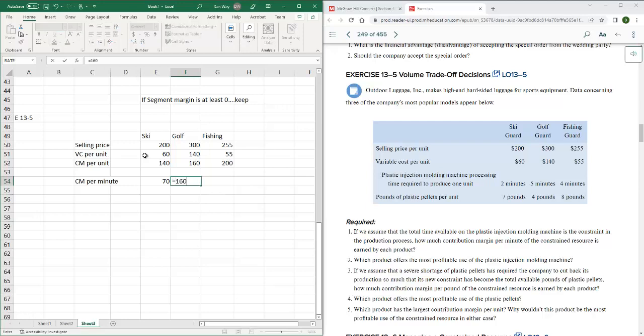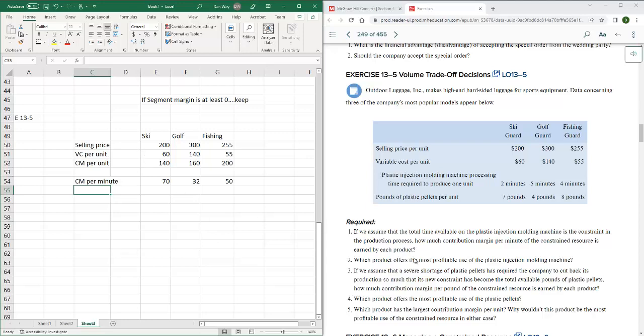For the golf guard, it's $160 per guard, but that thing takes 5 minutes, so it generates $32 per minute. And then fishing, $200 per unit, divided by 4 minutes to make a unit, and there's $50 per minute.